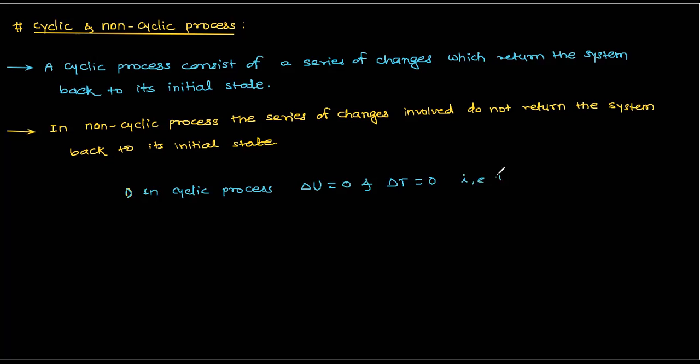That is, the temperature of system remains constant. Is there any change in the temperature? No, that's why temperature of system remains constant. In which process? Cyclic process.